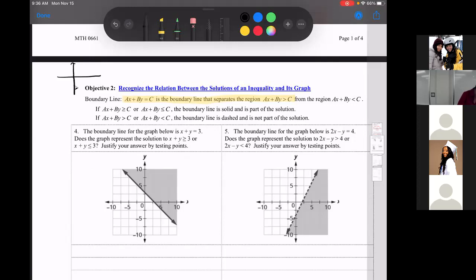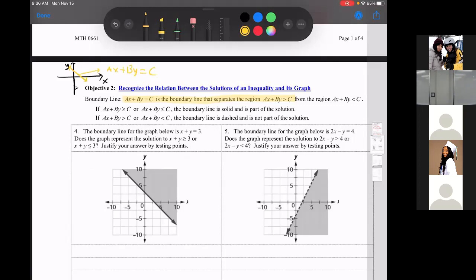So this is my rectangular coordinate plane, and I have a line. I'll use yellow. That's this line right here, ax + by = c.